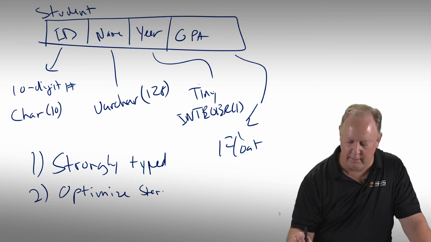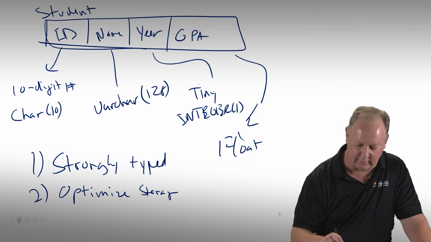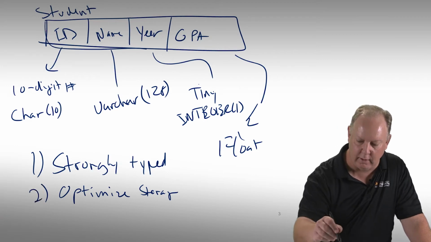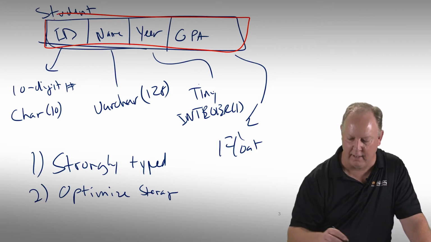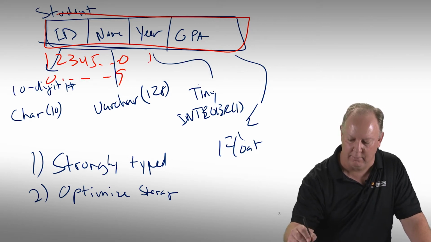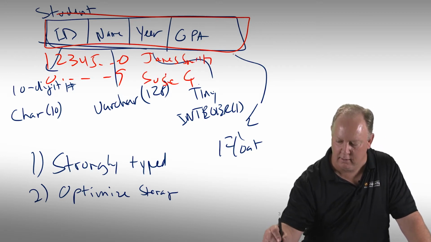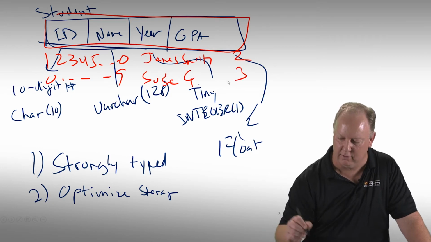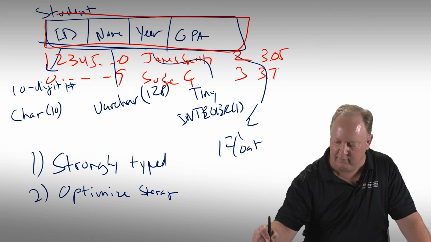When I know how many, if I looked at a specific tuple or a row in a database of this kind, if I did this row by row, if I had 1, 2, 3, 4, up to 0 as 1, 0 up to 9 as the next student, James Smith, I know I'm scribbling here, Susie Q, year, James is a sophomore, Susie's a junior, James's GPA is 3.05, Susie's is 3.71.